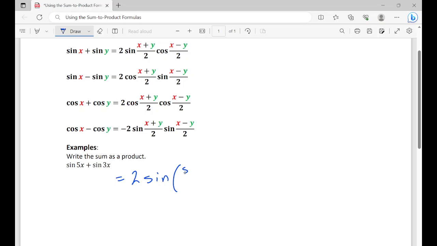So it's going to be 5x plus 3x all over 2, and then cosine of the same 2 but subtracting, so 5x minus 3x over 2.